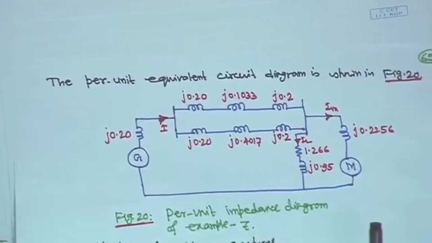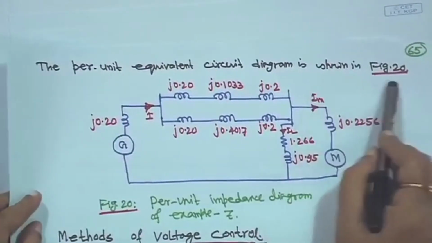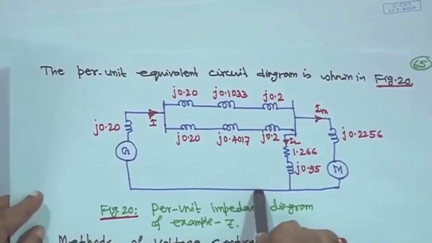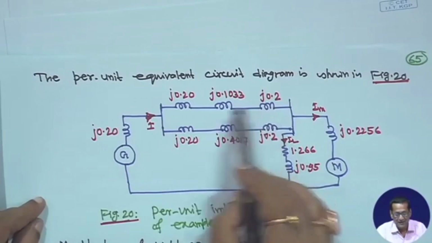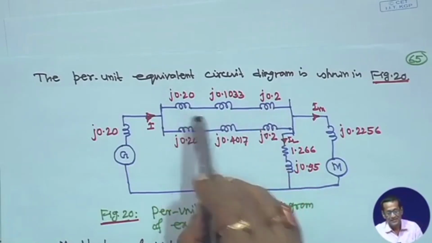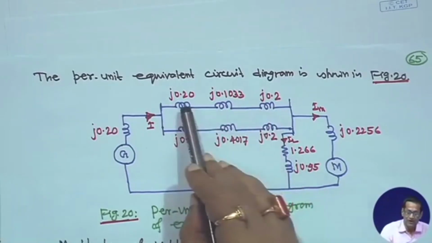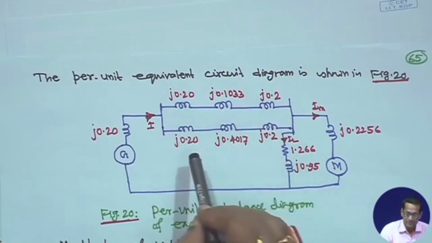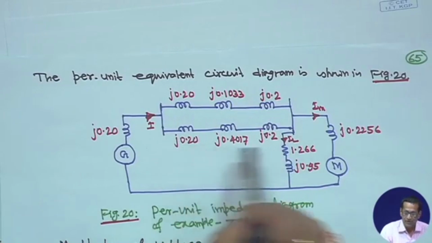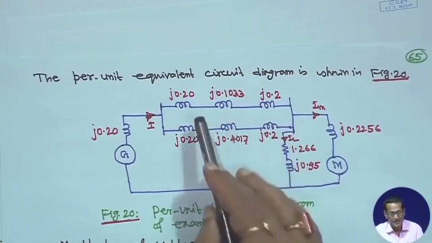Therefore, the per unit equivalent circuit diagram is shown in figure 20. This is the generator, then you have two parallel lines, transformer, then line, then again transformer, j 0.2, 0.1033, j 0.2 again. For the other line it is j 0.2, because all transformer per unit values were the same.